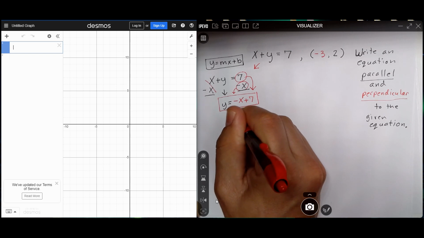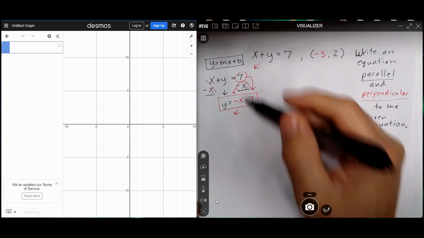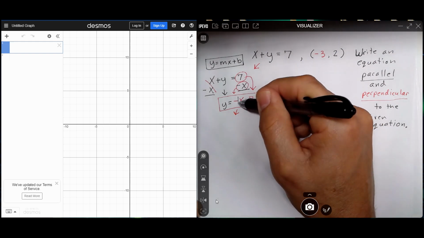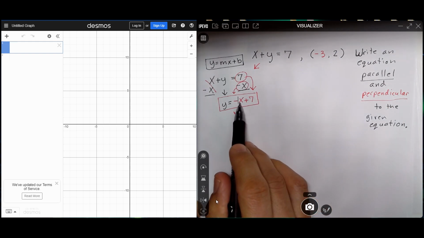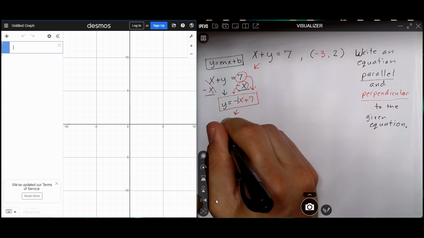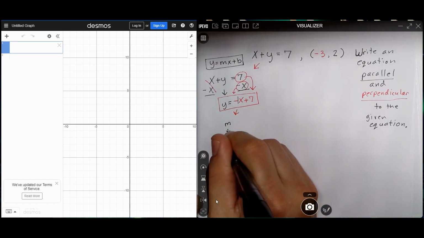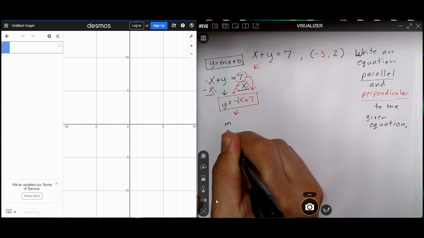Remember that my slope is the value that's in front of the variable. And in front of this variable, there's an invisible 1. Whenever there's no number in front of the variable, we know that it's 1. So my slope, in other words my m value, is going to be negative 1 over 1.